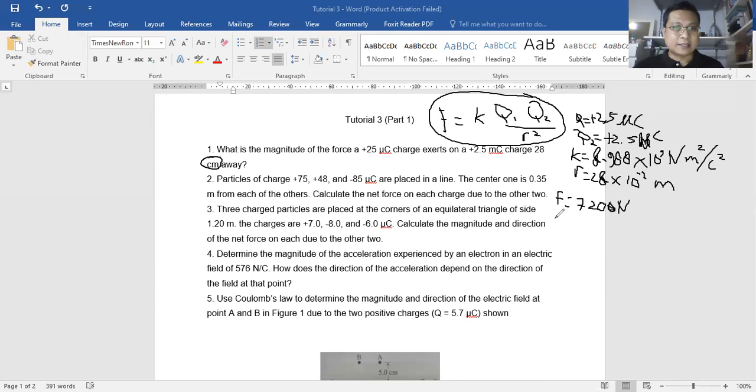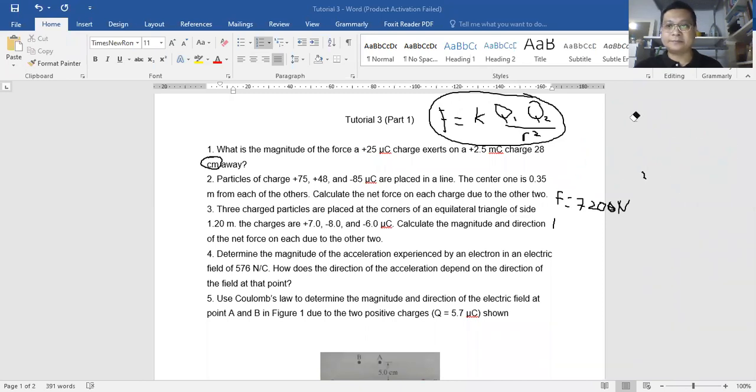If we calculate F, I just erase first. You should calculate F for the positive 75 charge, Q1. So better I use the formula first.